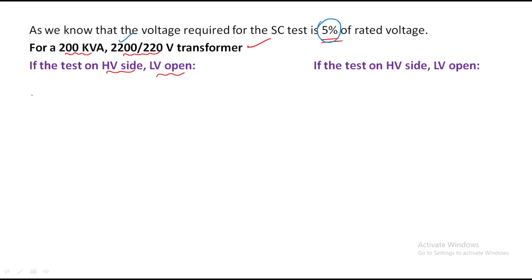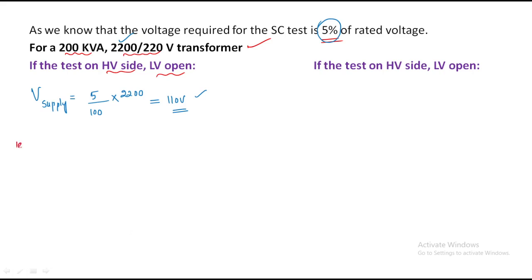Therefore, V equals 5 by 100 into 2200, on HV. What is the answer? 110 volts. So 110 volts, out of 2200, is required to set up rated current.